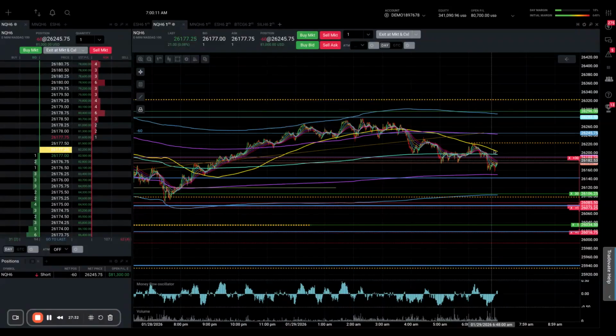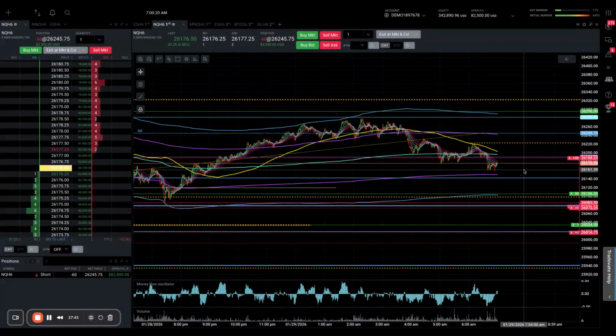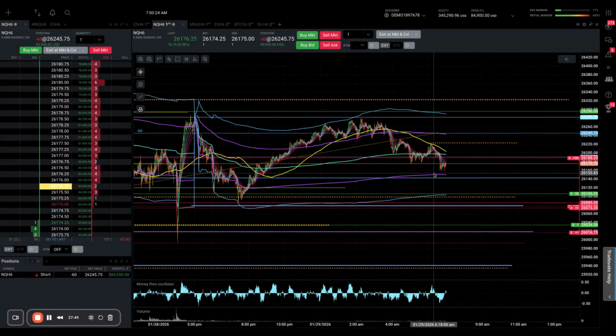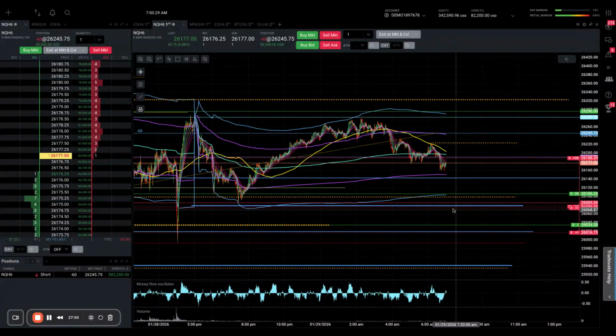So this is chop. Okay, so just know we are in the chop right now. We're chopping it up. And obviously, if we can't hold here, which I don't think we will, I think we're going to come down and retest this zone. Okay.